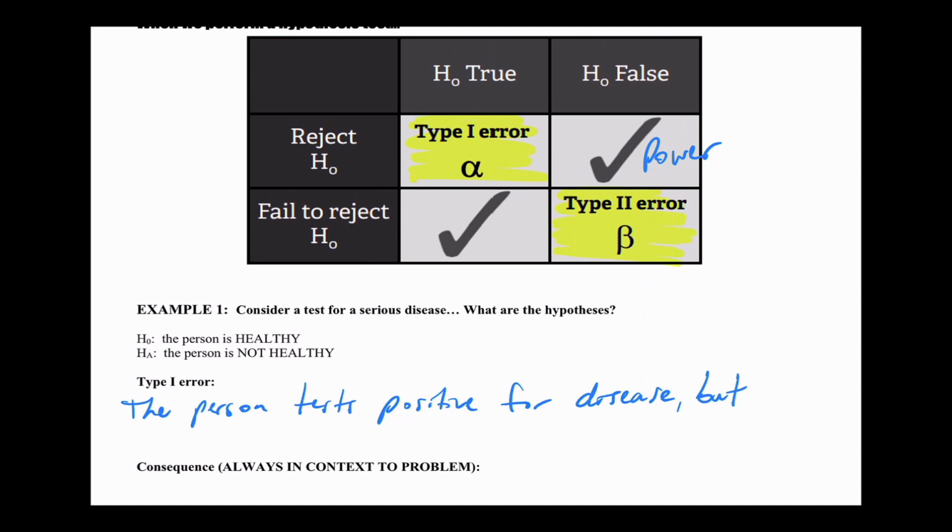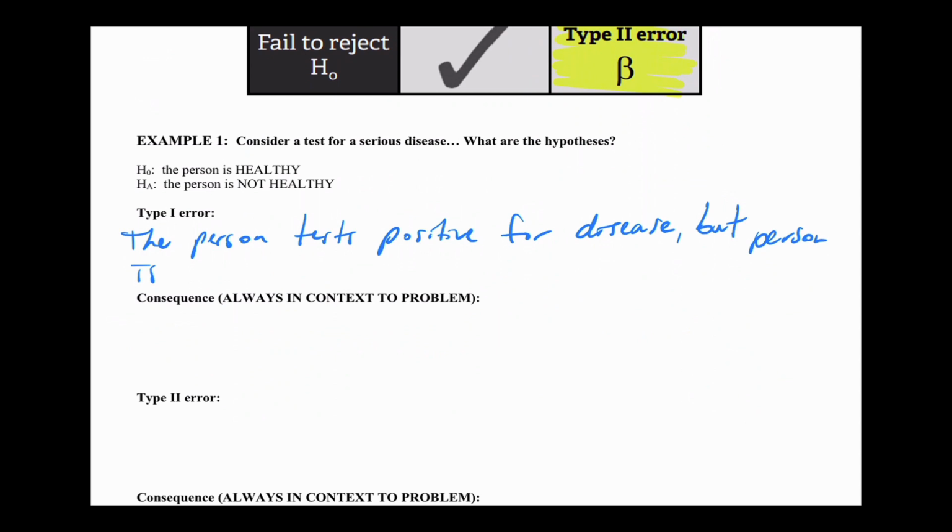But the person is healthy. The person is really healthy. That's an example of a type 1 error. The person tests positive for the disease, but when they're actually healthy, it's called a false positive. It happens, right?